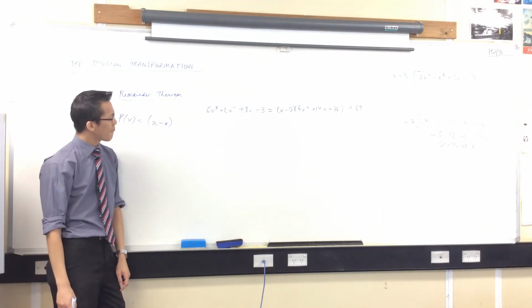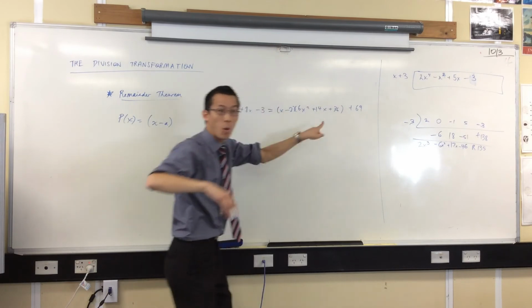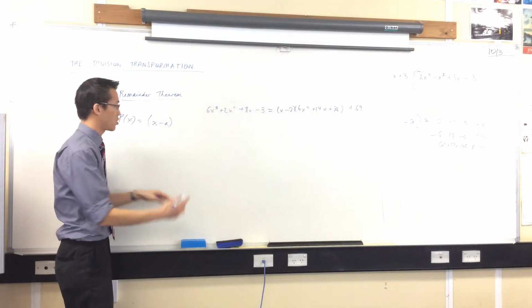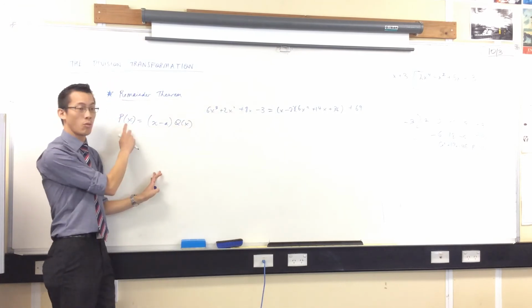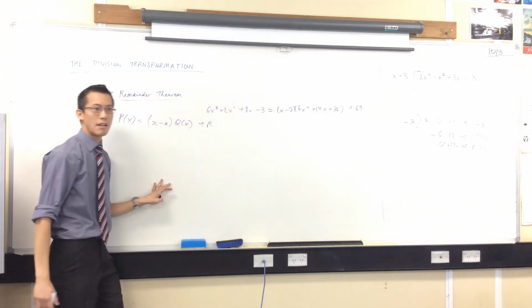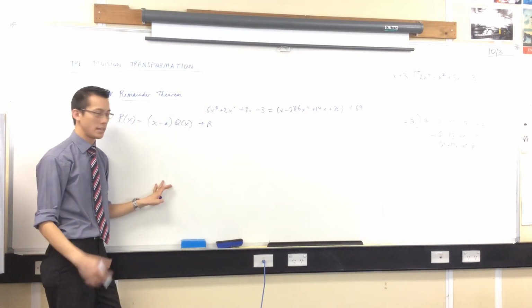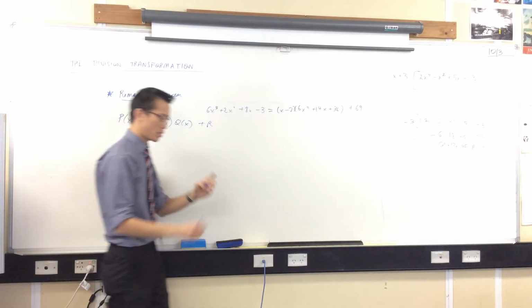Now, this other piece here, that was the result we got at the end. That was the quotient, right? So being that it's the quotient, I'm going to call it Q of x. And I don't know what it is because I don't know what P is. Then you get some remainder at the end, invariably. Unless it exactly divides, in which case your remainder will be 0. Now have a look at this with me.